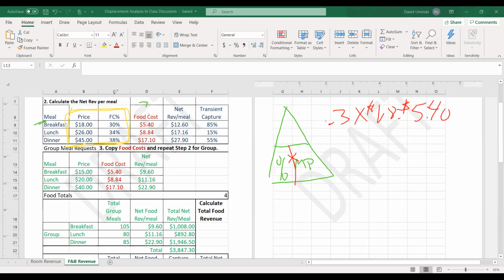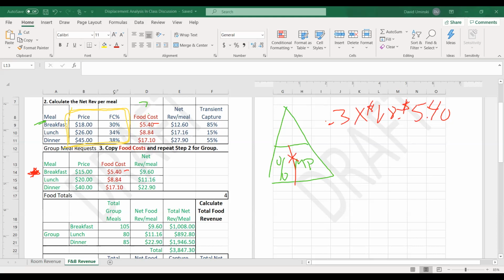Okay, here's where it gets a little tricky. We're comparing this breakfast to the breakfast that the group is requesting. Now, does it matter if I sell it for $18 or if I sell it for $15? Is it going to cost me any different? No, it's not. The food cost is going to remain the same.